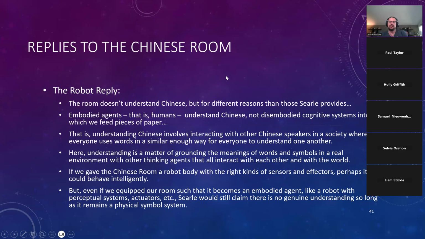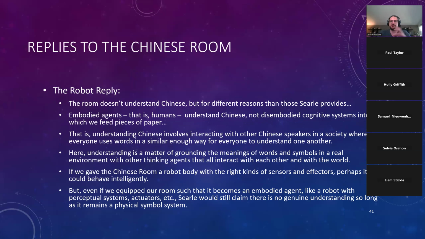Understanding Chinese involves interacting with other Chinese speakers in a Chinese society where we're all, in Wittgenstein's terms, playing the same language game. So the meanings of our words, which are also a type of symbol, are grounded in these ways we interact with the world and with each other, right?